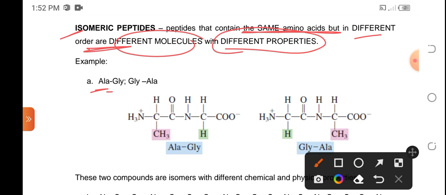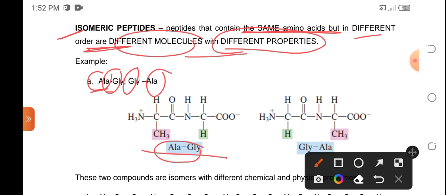Okay, so pwedeng mauna si alanine and then followed by glycine, or mauna si glycine and alanine. So, nakita nyo dito, same yung content nila, pero different yung arrangement or yung order. And with that, ito ay alanine glycine and ito ay glycyl alanine. So, magkaiba ang kanilang properties. Magkaiba silang molecule. They are both isomers of these two amino acid.